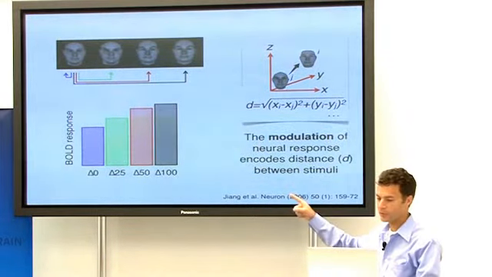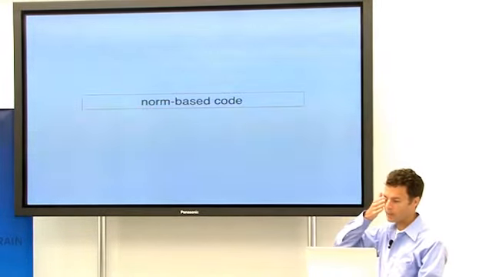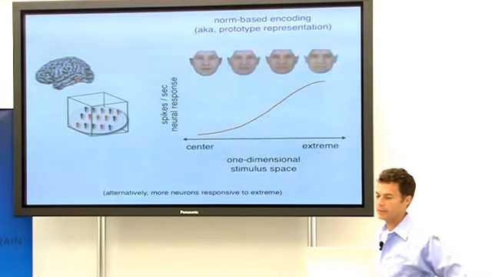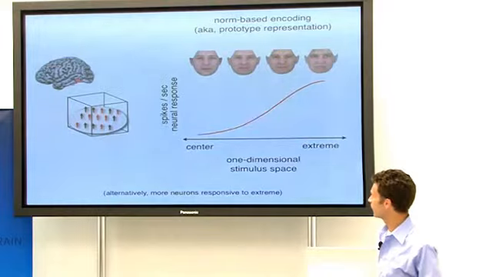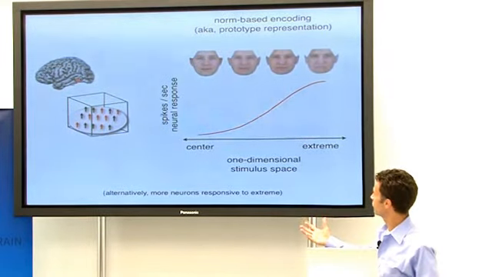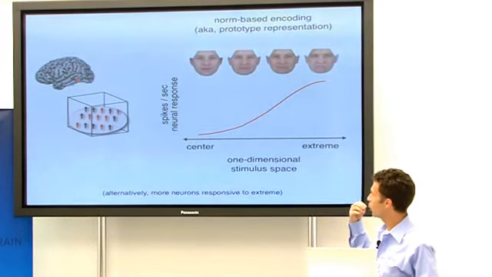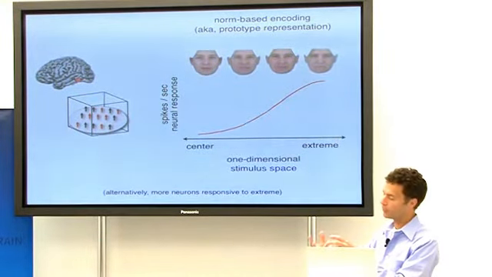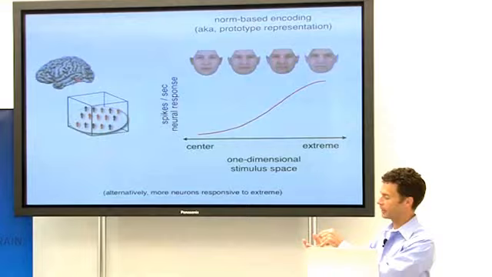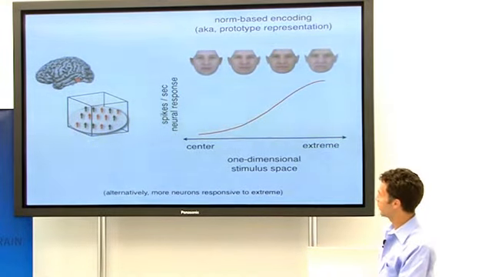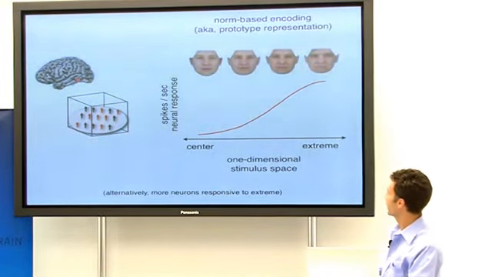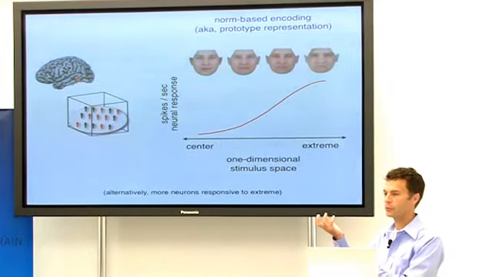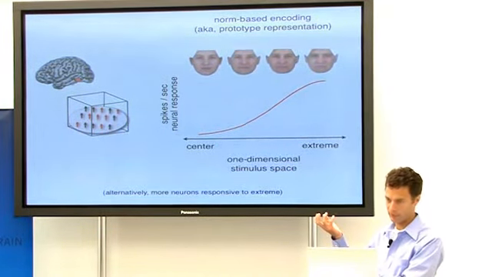Okay, let's contrast this kind of representation with what we might call a norm-based code. So a norm-based code adopts a stance like this, and that is that there is a population of neurons that code not in a multidimensional manner the similarity of one face to another, but instead explicitly represent how far away any one stimulus is from a stored prototype representation.